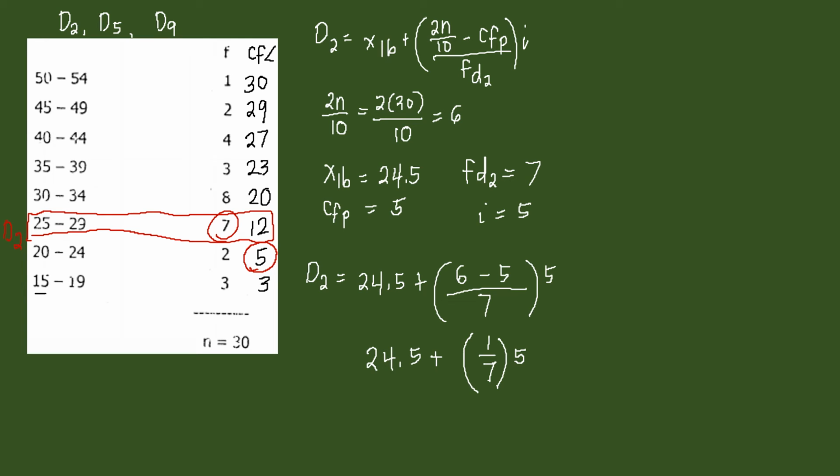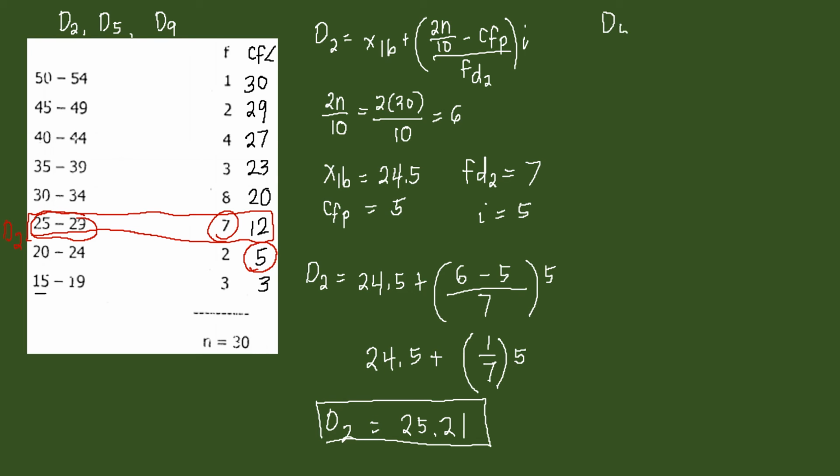When we do that, our answer is 25.21. Look at your answer. Can you find it here in the interval? Yes. So that means you are on the right track.